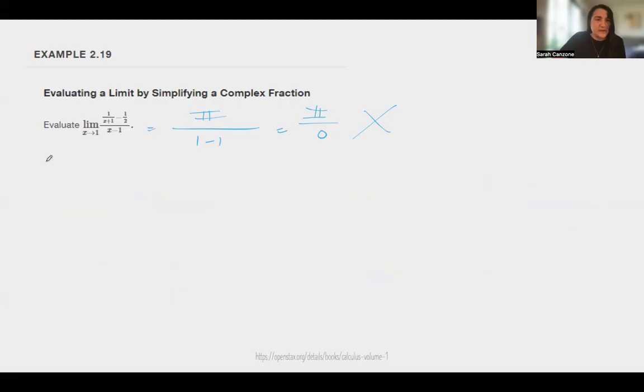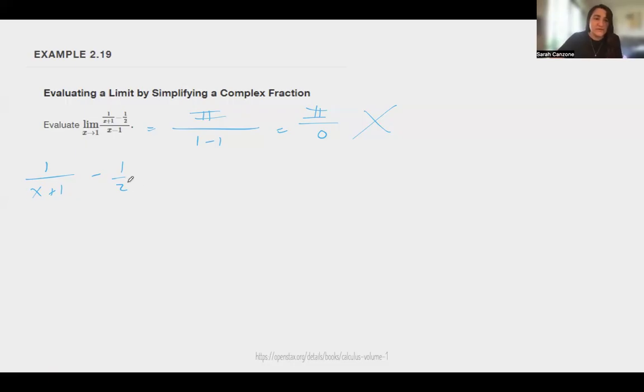What I'm going to do is I'm going to rewrite the numerator. I'm not going to write the limit right this second because I'm not looking at the entire function. I'm just going to rewrite the numerator. I want to rewrite this using only a single fraction for now. So what we want to do is create a least common denominator. And what that means is we need both of our denominators to be the same.